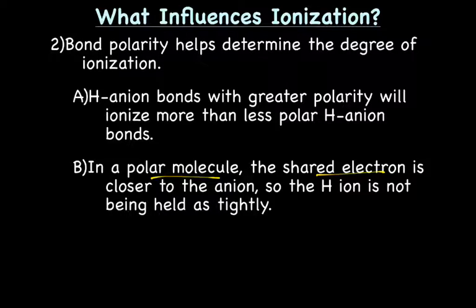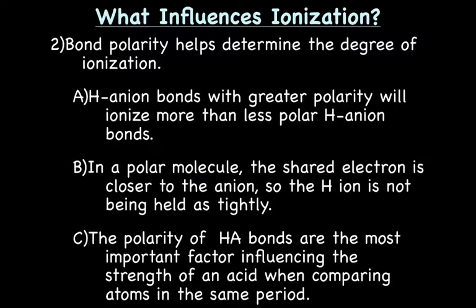Remember, a polar molecule means that there's a larger difference in electronegativity. So the anion is holding the electron that they're sharing closer to itself, so the hydrogen is not being held quite so tightly. So the polarity of hydrogen anion bonds is the most important factor influencing the strength of an acid when comparing atoms across the same period.